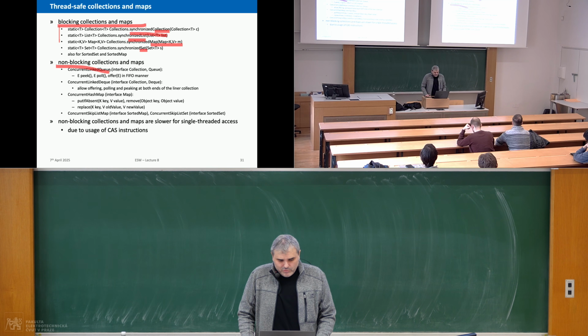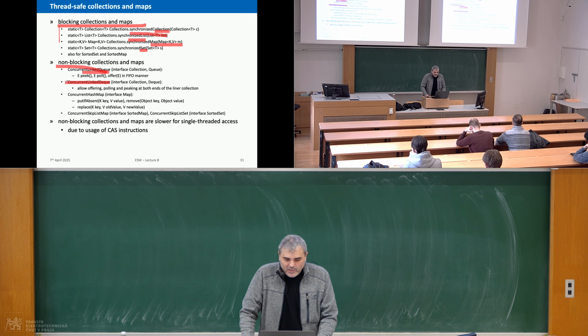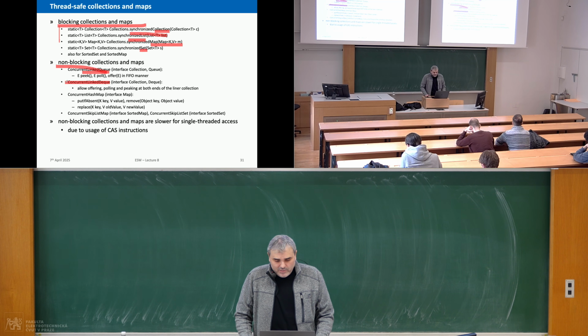On the other hand, you can use non-blocking collections and maps. They are called slightly differently, but provide the operations you really need: concurrent linked queue, concurrent hash map, concurrent skip list map, and so on. Internally, they use an atomic approach. So there is no synchronization unless it's really, really needed.